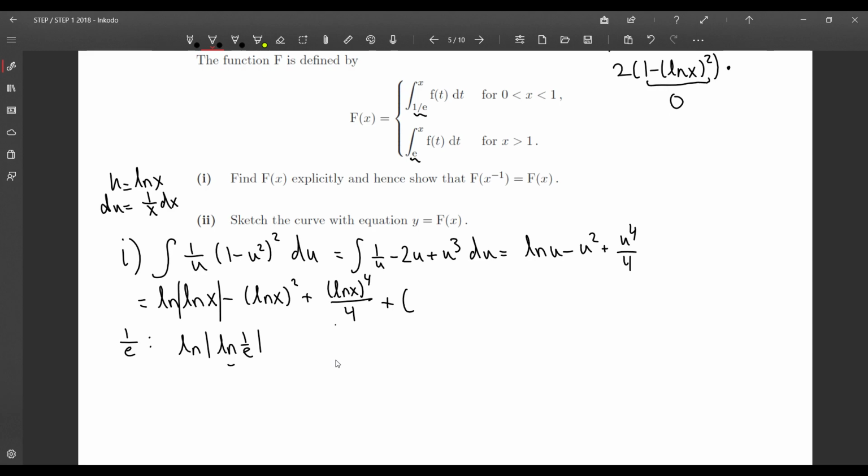That's negative 1, so the natural log of 1, which is 0, minus negative 1 squared, that's minus 1, and then plus negative 1 to the 4th over 4. That's going to be minus 3/4. And then for e, we're going to have 0 minus 1 plus a 4th, which is minus 3/4, right?